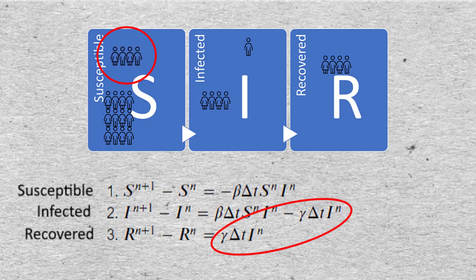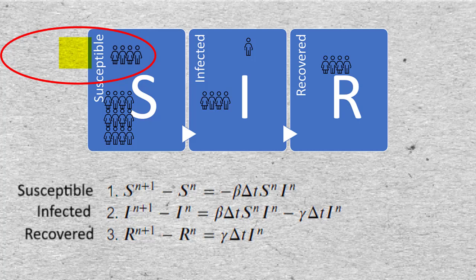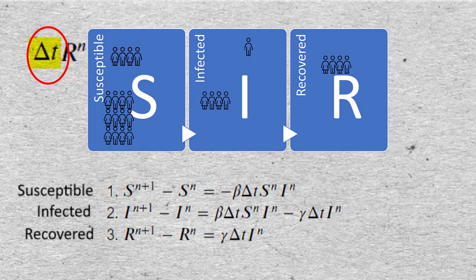The amount of people losing immunity will be proportional to the amount of recovered patients R and the time interval delta t. We'll call the proportionality constant the Greek letter nu. Nu is the probability of an individual losing immunity in a unit of time.